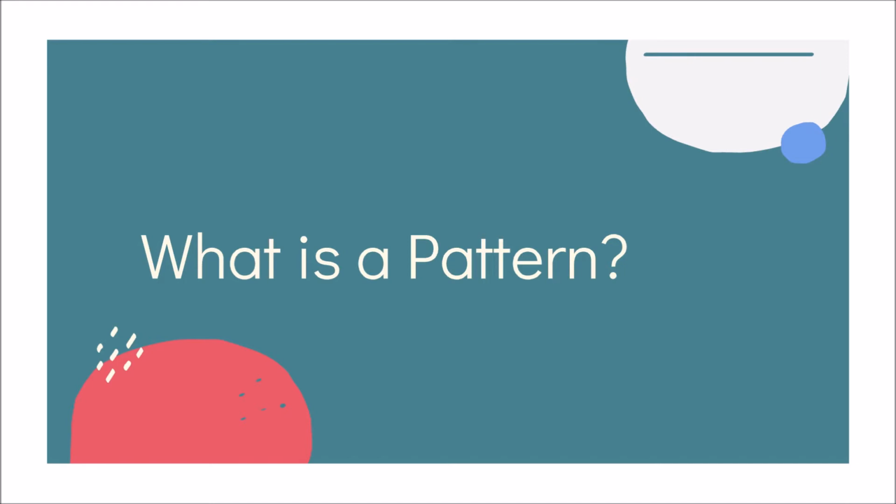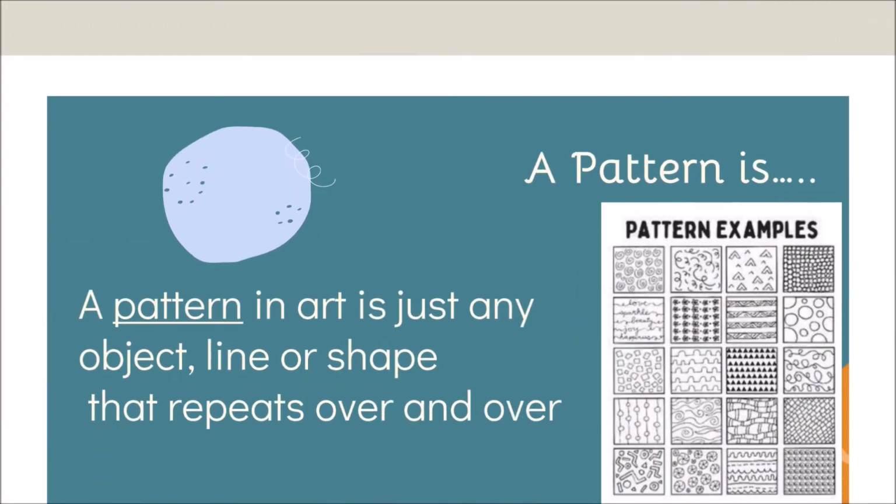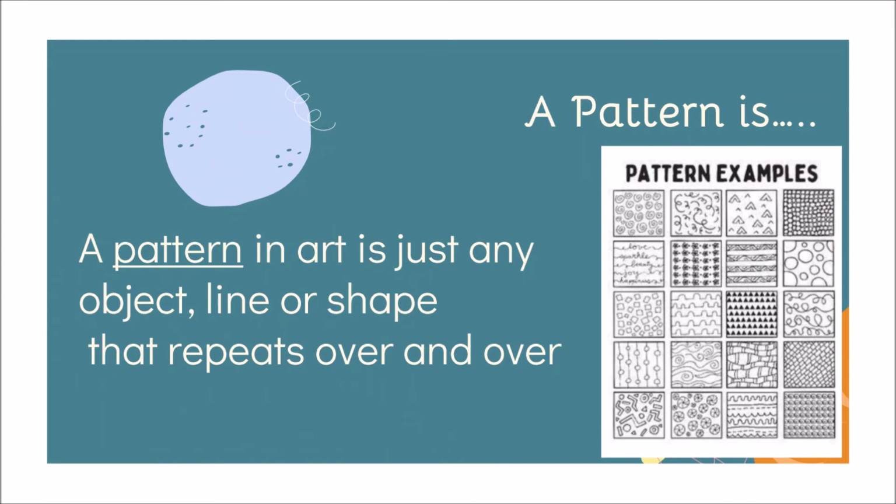Does anybody know? Can anybody explain what a pattern might be? A pattern in art is just any object, line, or shape that repeats over and over and over again. Let's look at some things that are being repeated in this example.